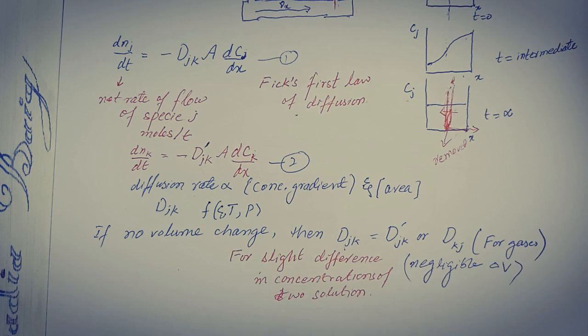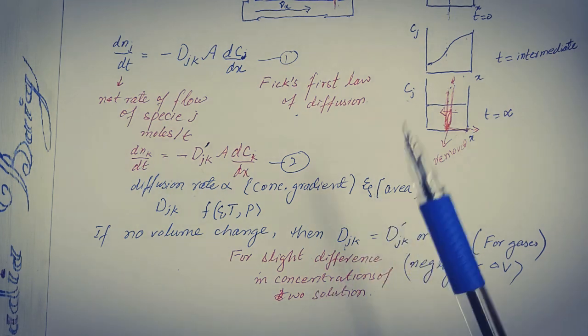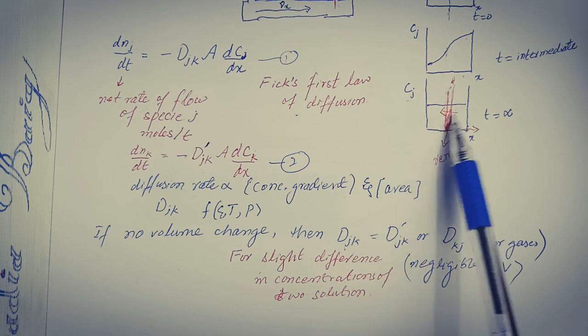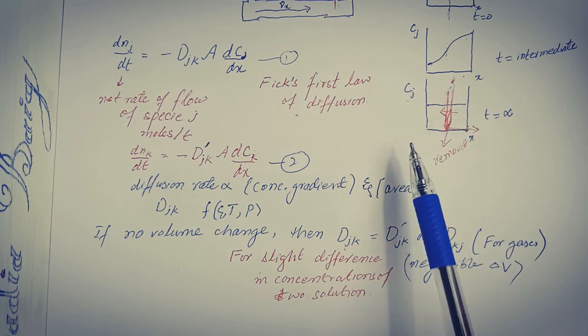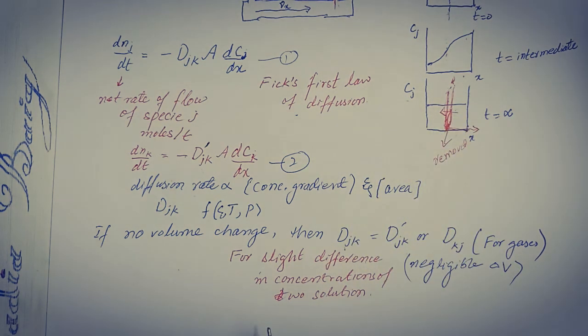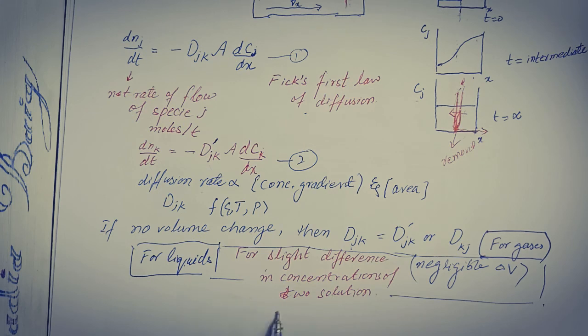And this condition is true for a slight difference in concentration of the two solutions that are occupying the two chambers of the experiment. So this condition must be satisfied in order to make the two diffusion coefficients nearly equivalent.